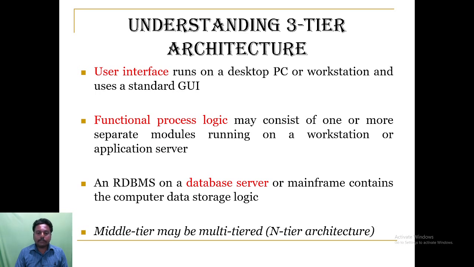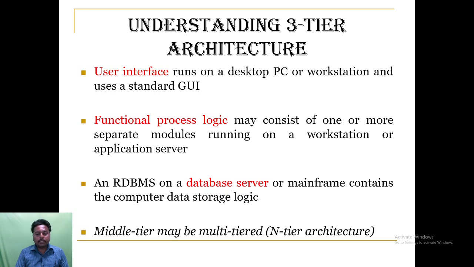The functional process logic may consist of one or more separate modules running on a workstation or application server. Functional process logic is on what basis the client communicates with a server, and on what basis the server responds to the client.